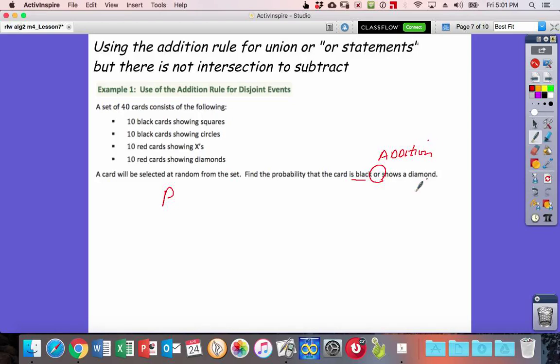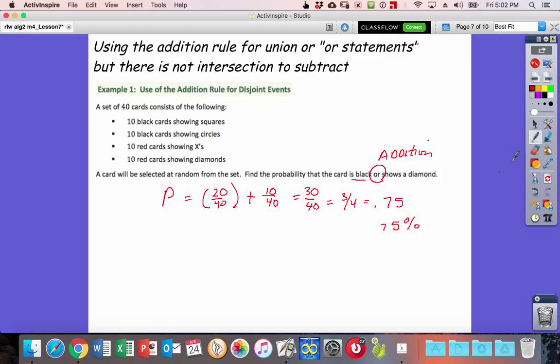If it's black, can it be black and show a diamond? It cannot. These are mutually exclusive. So the probability that it's black, well, there's 20 black cards out of the 40, plus the probability that it's a diamond, well, there's 10 out of 40 that are diamonds. So you got 3/4, 0.75, or 75%.